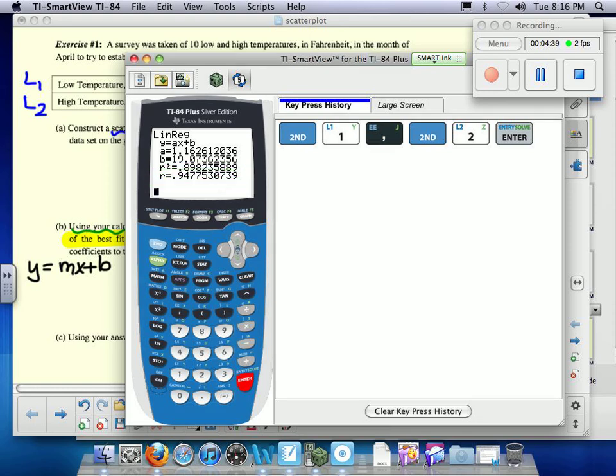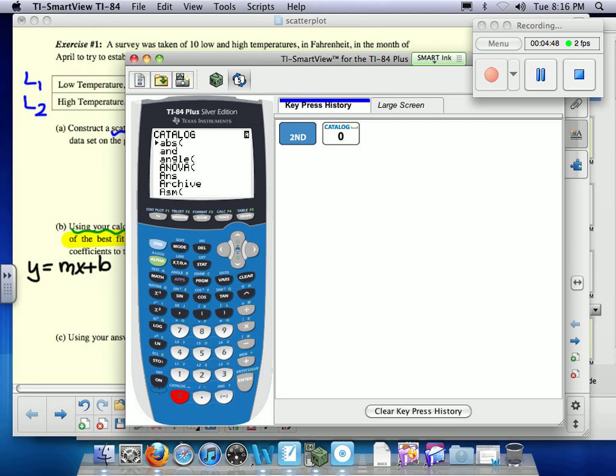So to get that R value showing, we need to turn our diagnostics on. So I'll clear my key press history. Second and catalog. Notice that you are in alpha mode here. So we're going to find D for diagnostic.